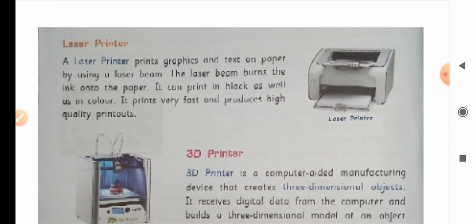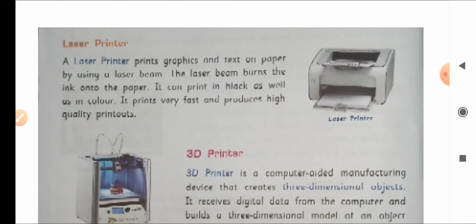This laser beam burns the ink on the paper, and then the printout is given. Whether you want text or images, whatever you want will be printed. And it can also print in black as well as in colored form. And this laser printer gives you the printout very quickly, in no time.